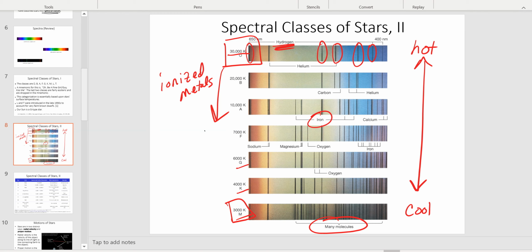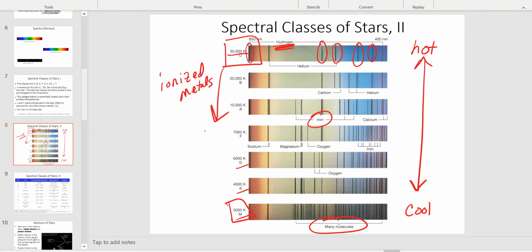I know that it's maybe not as thorough as you would have liked, but the first thing I want you to do is think about the reasons why you see certain spectral lines and not others. So try to think about hydrogen's hard to ionize, metals are easier. So as you go down the list toward cooler and cooler stars, you start to see ionized metals and then neutral and then even molecules.